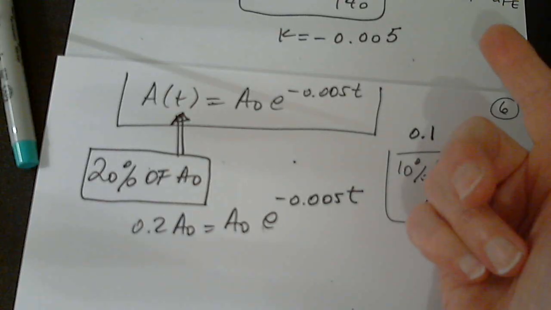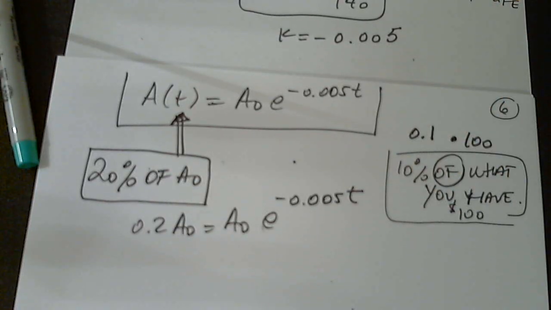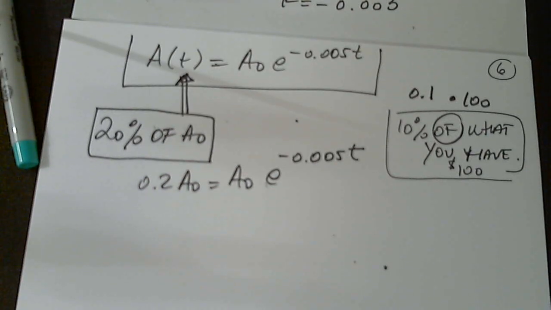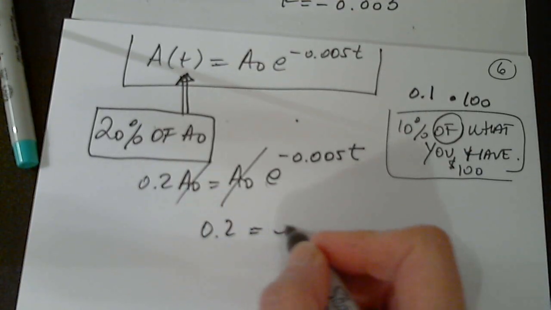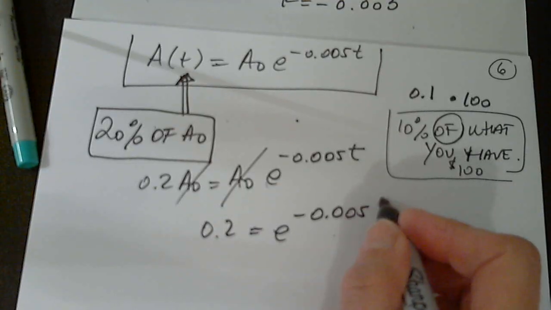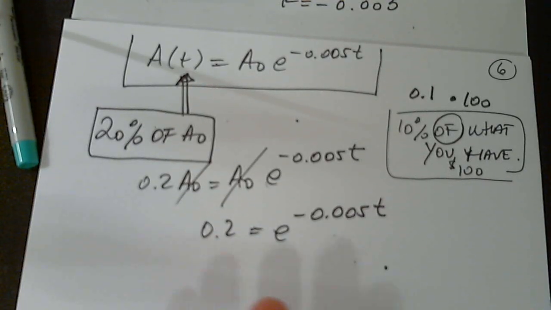Exactly as we had with the previous situation in which it was half of A0. Now it's less than half. Of course, we don't care about A0. We divide both sides by A0. So we have 0.2 equals e to negative 0.005t, and the fourth time, the same theme in 20 minutes.